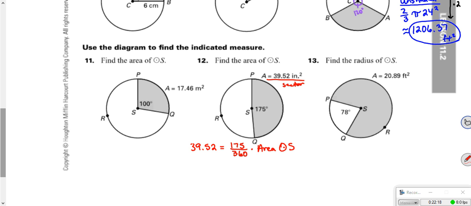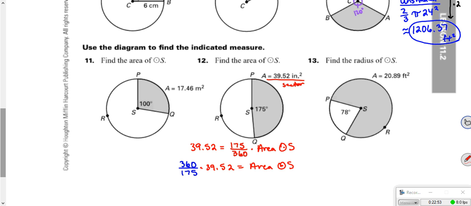So this means, again, I have to flip-flop this. So this is 360 over 175 times 39.52 equals the area of circle S. You could have also set this up as a proportion.